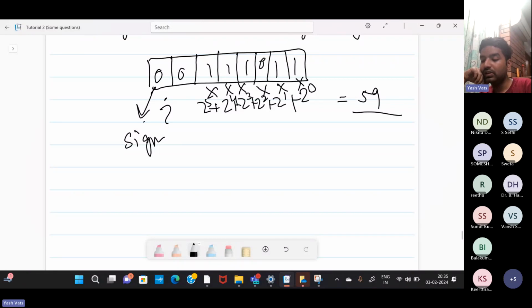Okay, so you can see in the lectures that the integer value range in an 8-bit computer system lies from minus 2 to the power 7 to 2 to the power 7 minus 1. So see the lectures.